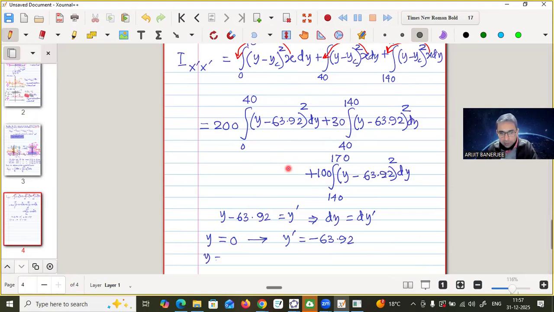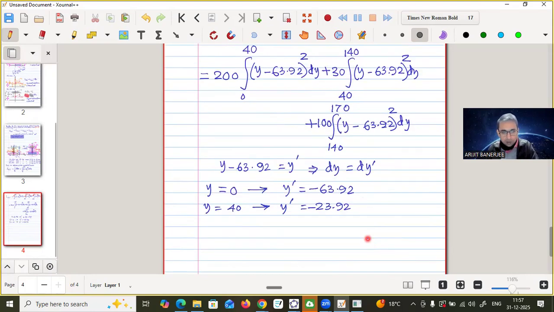When y is equal to 40, how much is y prime? 40 minus 63.92, minus 23.92, isn't it? When y is equal to 140, simply add 100 with this.